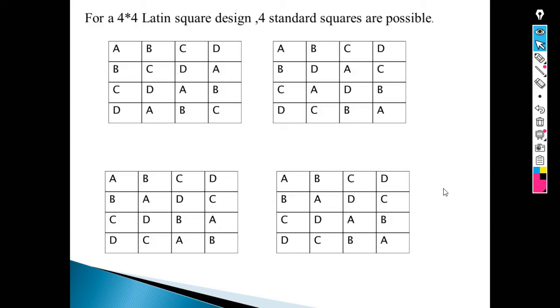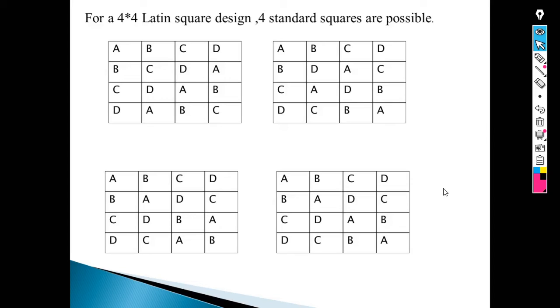So in Latin square design, we restrict our randomization 2 times. We want each treatment only once in each row. This is the first restriction on randomization. And we want each treatment in each column once. This is our second restriction on randomization. So this is what the Latin square design is about.